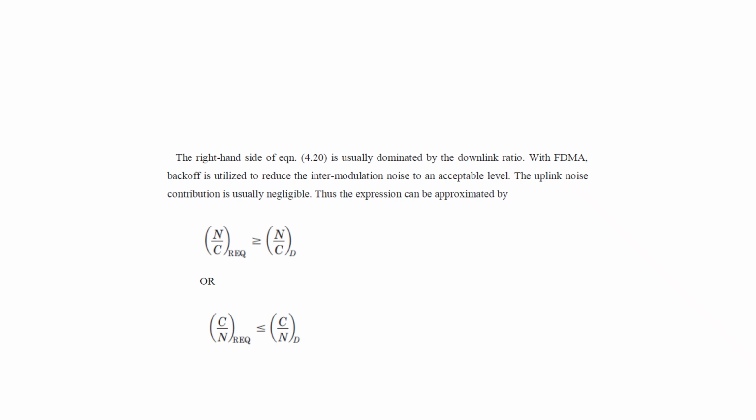Thus the above expression is approximated as the noise to carrier ratio required should be greater than or equal to the noise to carrier ratio in downlink. Or we can say that the required carrier to noise ratio should be less than or equal to the carrier to noise ratio in downlink.